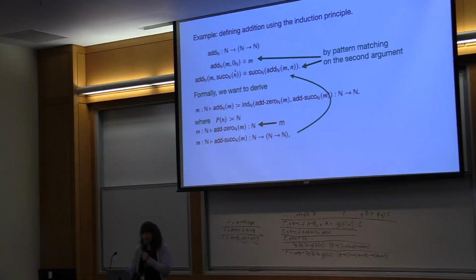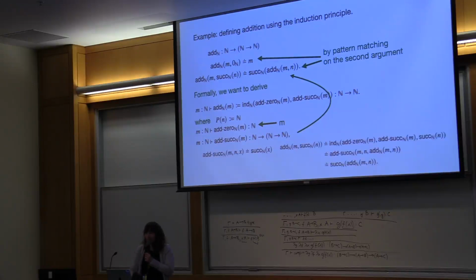So if I'm applying this induction to suc, then it should be the successor of the previous result, the previous proof, so to say, the previous number. So what we want is that add suc, if you apply it to m, n, and the previous result, it's just the successor of the previous result. And this suc of x, where x is the previous thing, is derived by looking at this, because this here is the previous guy. So that's why we do x here.